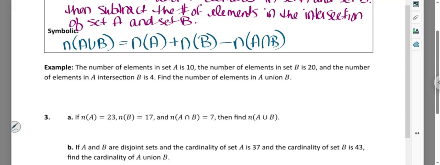So when we do the math of this, we have the elements in A plus the elements in B minus the intersection.